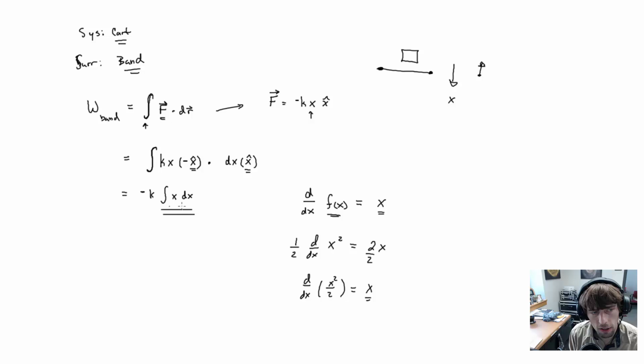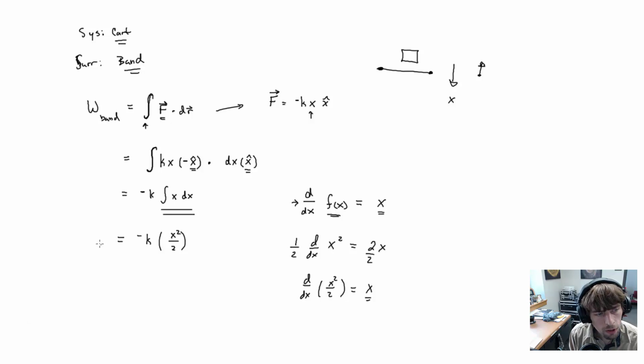This integral notation does exactly what you just did over here. It is saying, what function, if I take a derivative of it, will give me x. So right here, I'll put negative k, and I'll put x squared over 2.